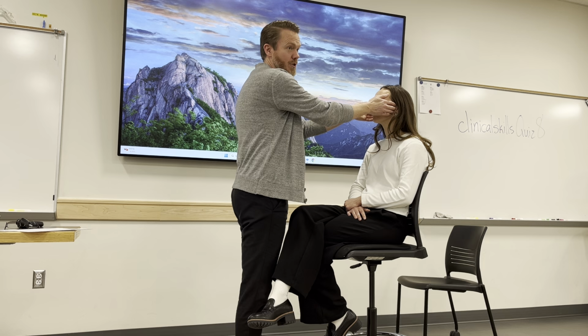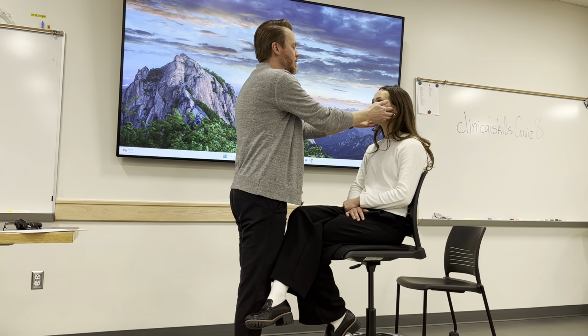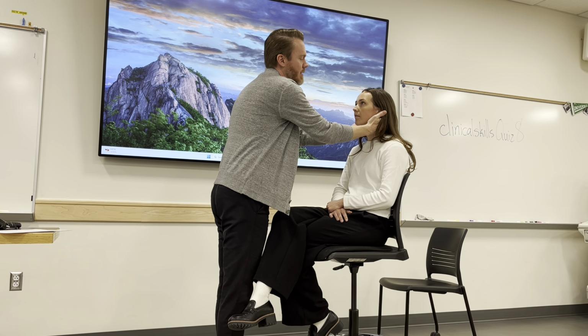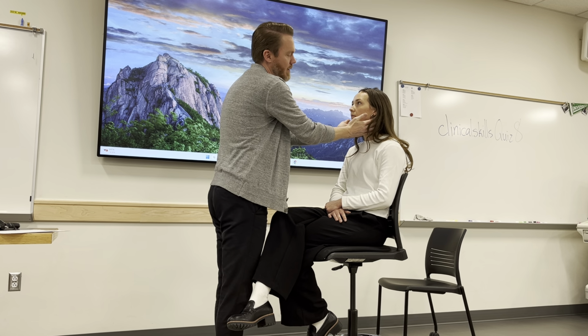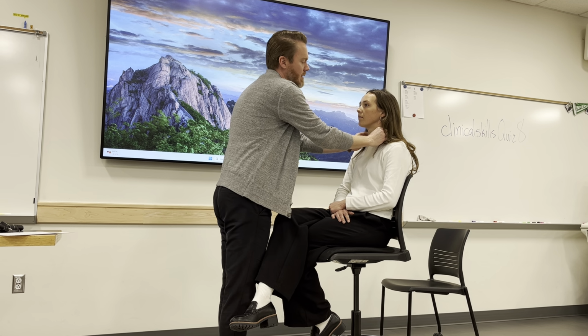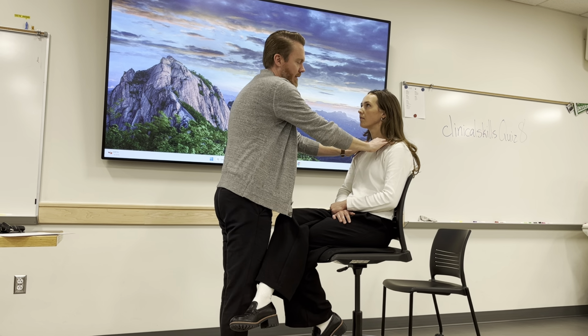Ooh, I did not specify on here. Okay, well, it's all of them. This goes really fast, okay? So you're already here doing the TM joint, right? So I'm going to do preauricular nodes, tonsillar node, posterior auricular, occipital, coming around to the anterior cervical, posterior cervical, deep chains, and supraclavicular.